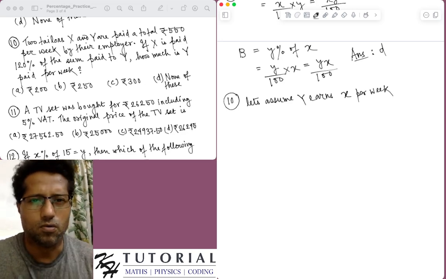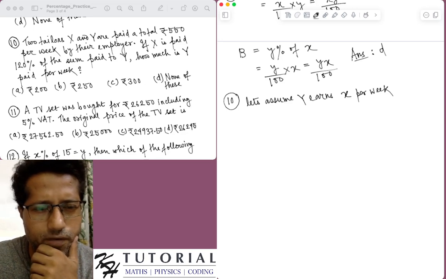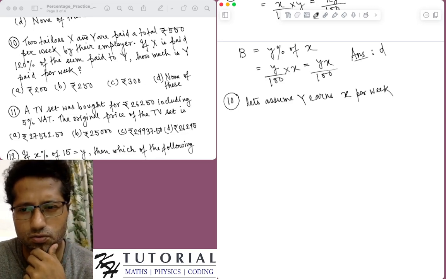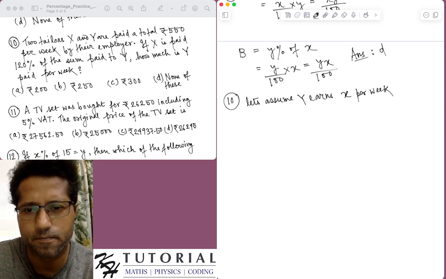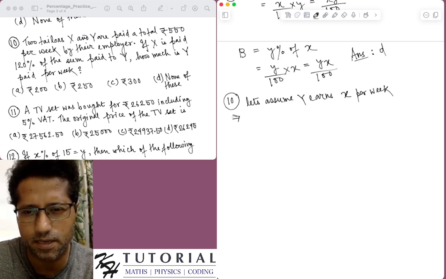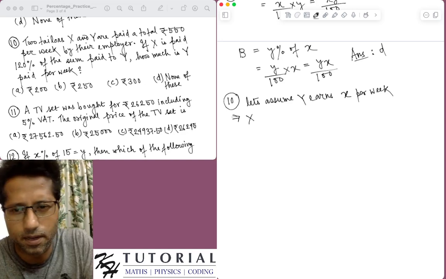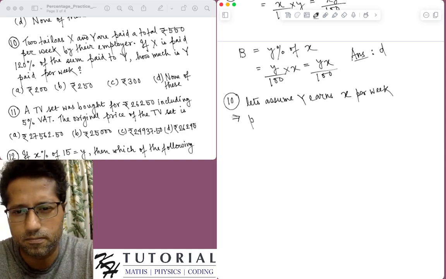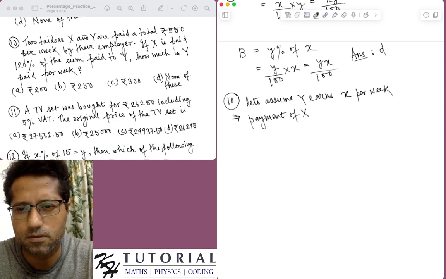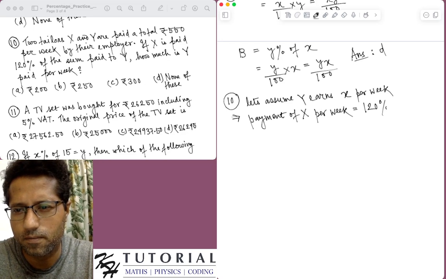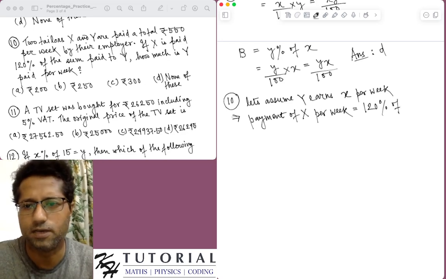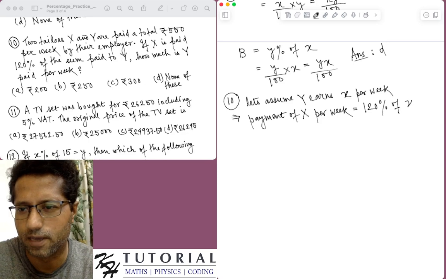Now, X is paid 120% of the sum paid to Y. We have assumed that Y is paid x per week. This implies X gets a payment that is 120% of x.